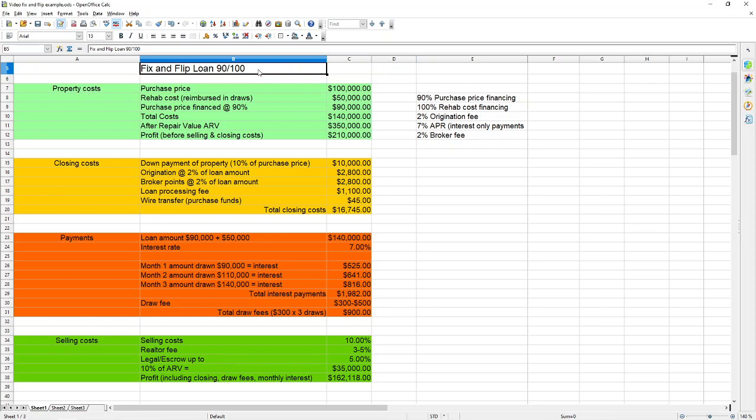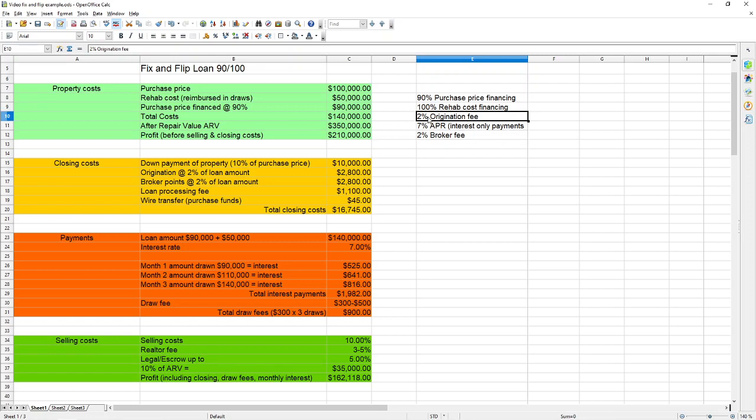So the majority of hard money fix and flip loans look like this. They finance 90% of the purchase price and 100% of the rehab cost. This particular deal bottoms out at 2% origination, 7% APR, and in this case I'm offering a 2% broker fee.